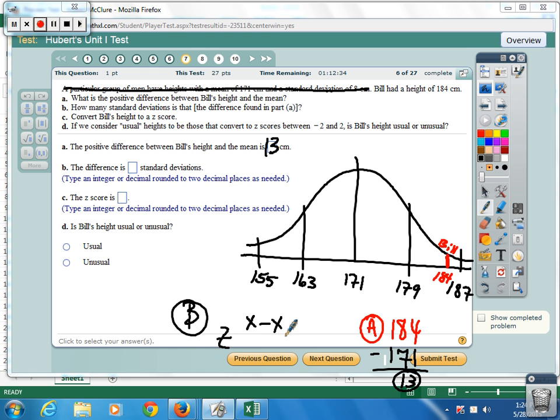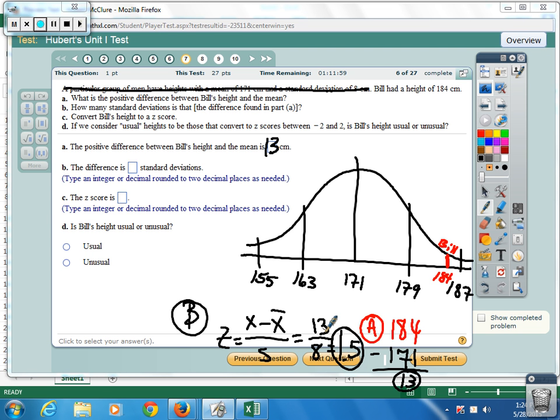X minus x bar over standard deviation. So 184 minus 171 is what? So the numerator is 13 over standard deviation, which is 8. So that's equal to 1 point something; 8 will go in there one time and leave 5, and 5/8 is about a half, so it's around 1.5, give or take a hundredth or two.